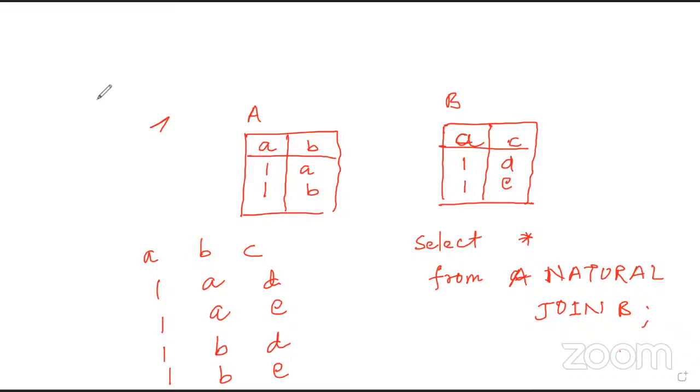So you know the MVD: if an MVD exists, we decompose it into 4NF, right?